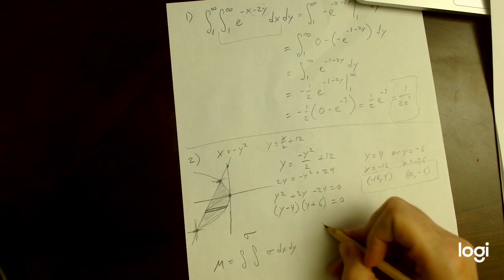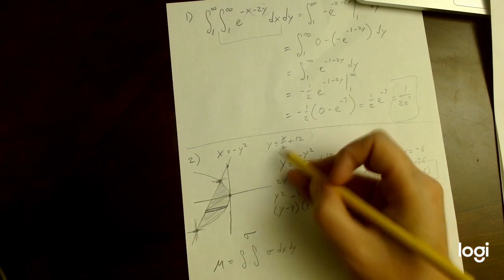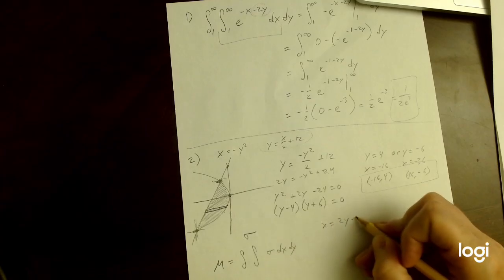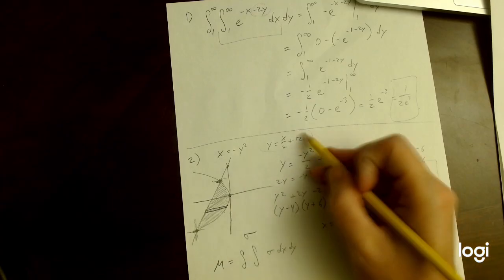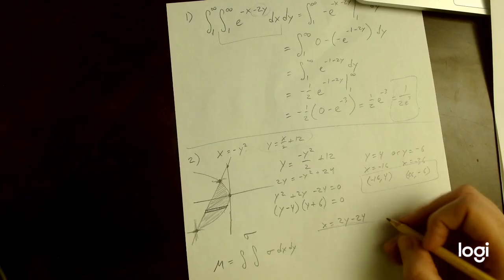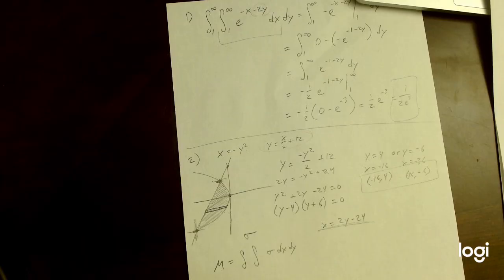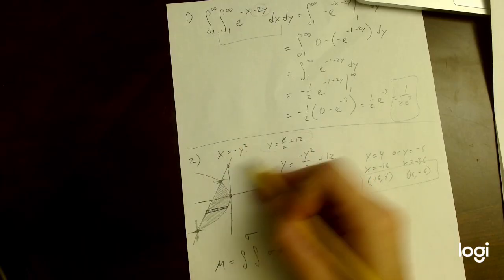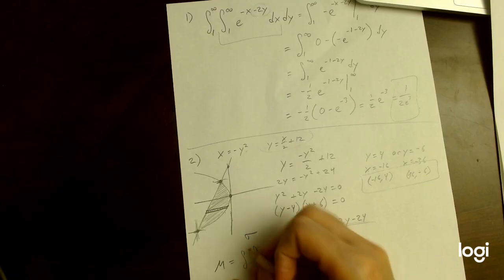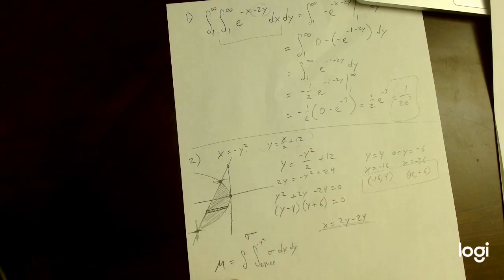So x here would be, multiply everything by 2, so we have 2y minus 24, because I have to move this 24 over to the other side to solve for x. So that's my lower limit. My upper limit is just going to be minus y squared, because we already have this one solved for x. So that's what I'll plug in here. 2y minus 24 and minus y squared.